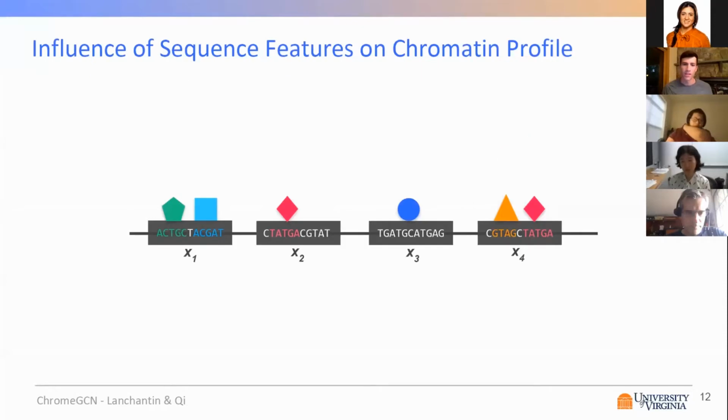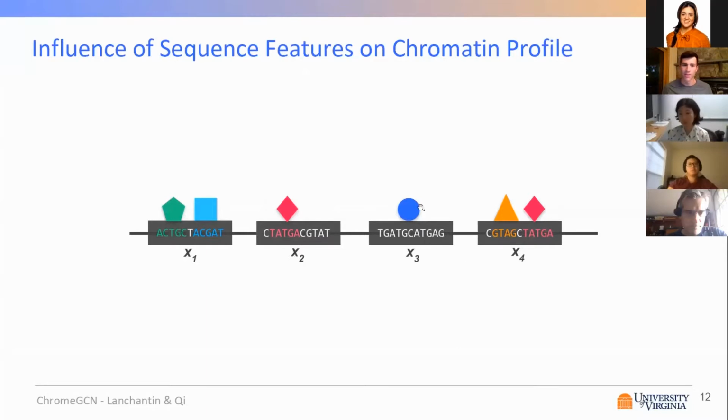These types of models are fairly accurate due to the influence of local sequence features on the chromatin elements. For example, maybe this red diamond shape might be representative of a transcription factor, and that might bind to window X2 because of this subsequence TATGA.